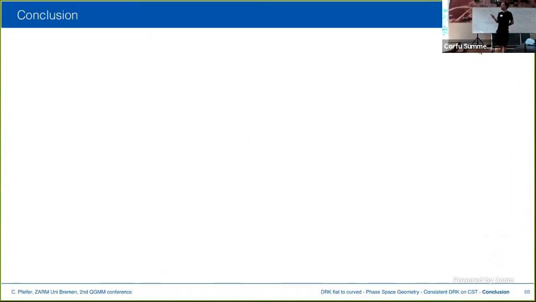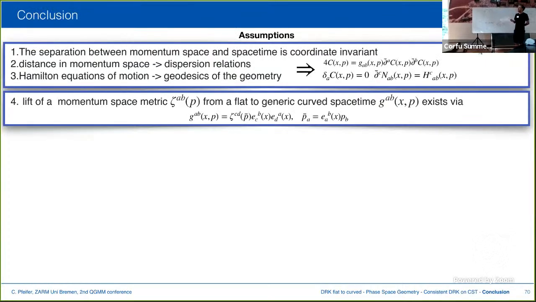Let me come to my conclusions. So we started from 4 assumptions. Namely, I started with a geometry of curved spacetimes with curved momentum spaces, where this separation between momentum space and spacetime is coordinate invariant. I think this is the first step we may all agree on. And then the distance in momentum space is interpreted as the dispersion relation, which leads to this constraint. And then that the Hamilton equations of motion give you the geodesics of the geometry, which leads to these 2 constraints.